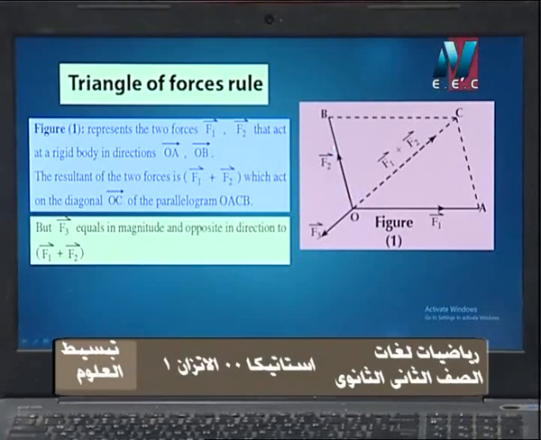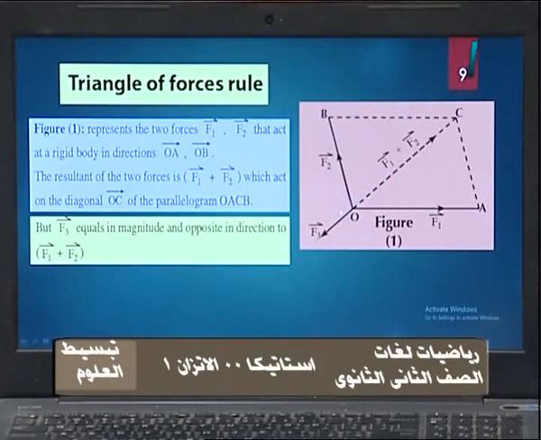We know that F1 and F2, we can add them as two forces and find their resultant, which is F1 plus F2. And because of equilibrium, we can represent it by a third force, which is F3, but it acts in the opposite direction. So we have F3 here equal to the resultant of F1 plus F2, opposite in direction and equal in magnitude.